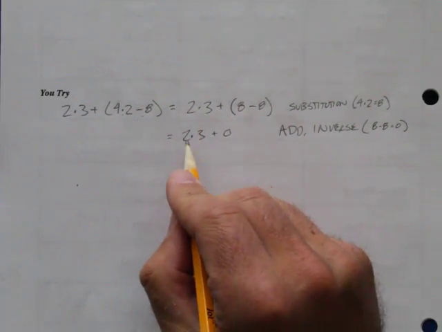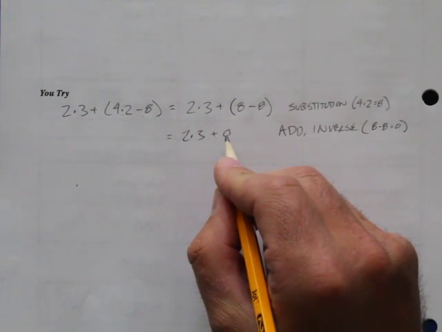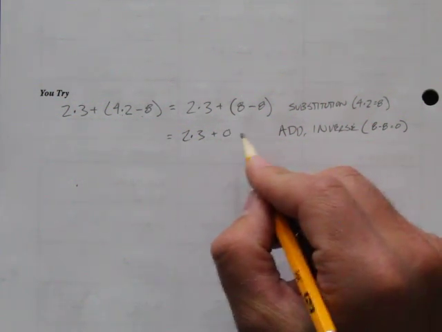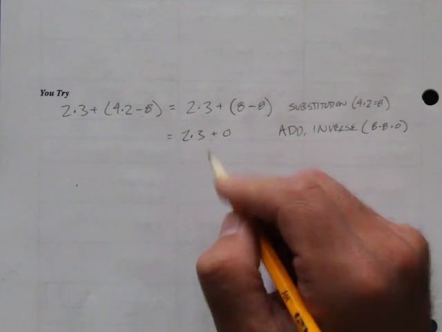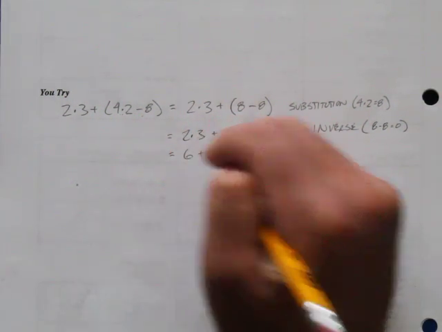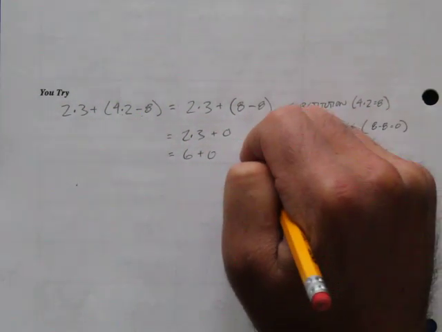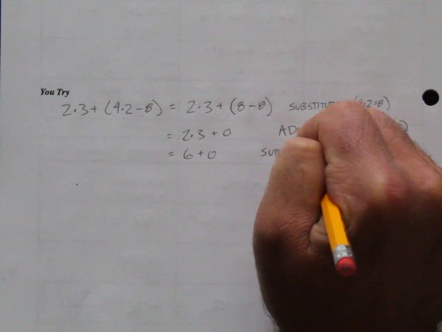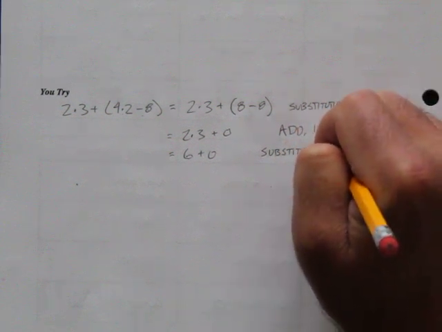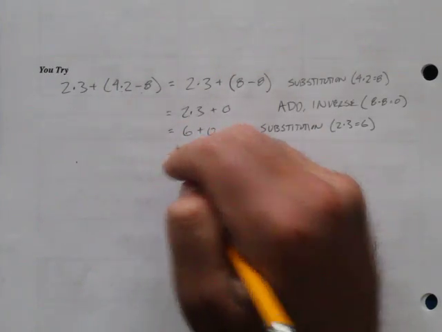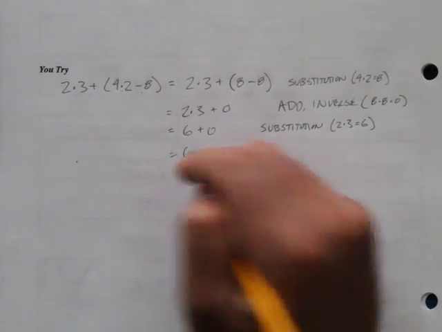Next, let's do this 2 times 3 here. I'm going to leave this plus 0, even though usually we just ignore it. We're going to leave that here just so that we have something that we can say about it. So I've got 2 times 3 is 6 plus 0. I'm going to call that substitution, which is 2 times 3 equals 6. And then the last one here is 6 plus 0 equals 6.